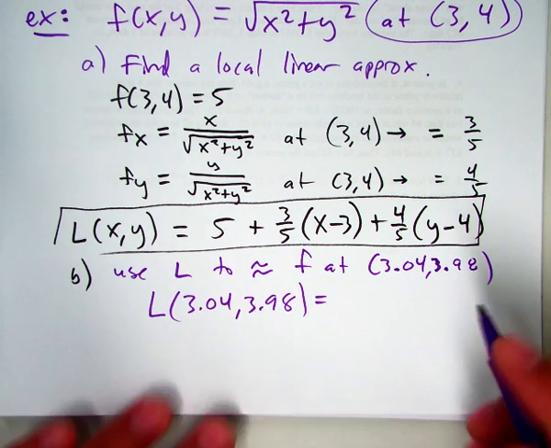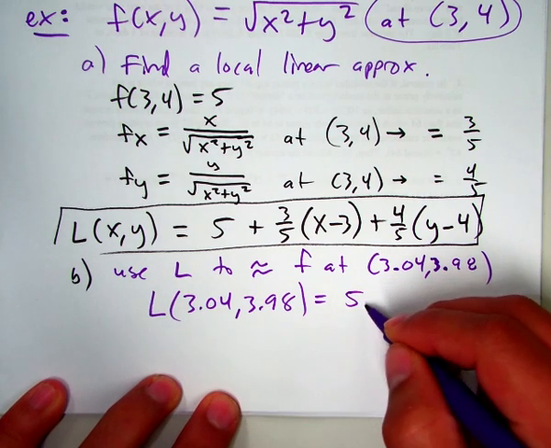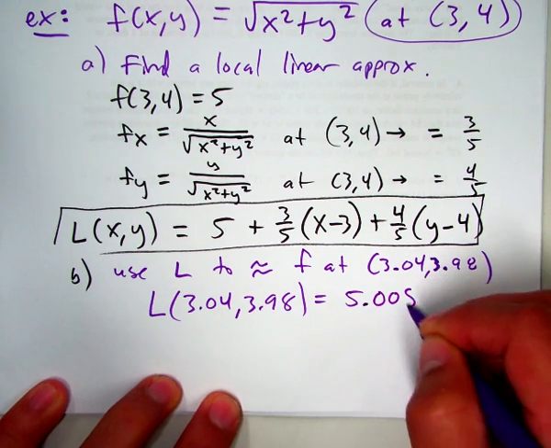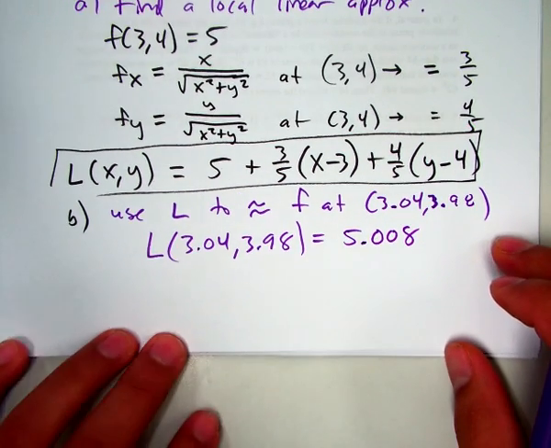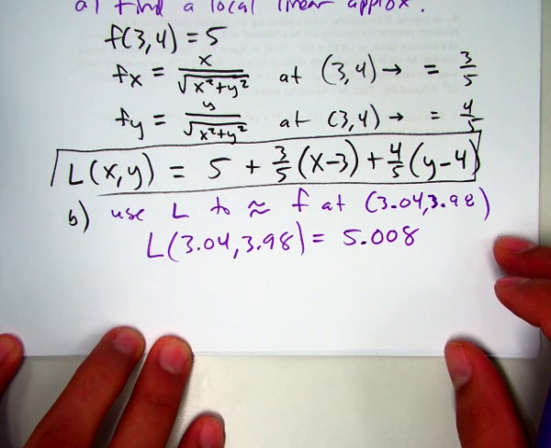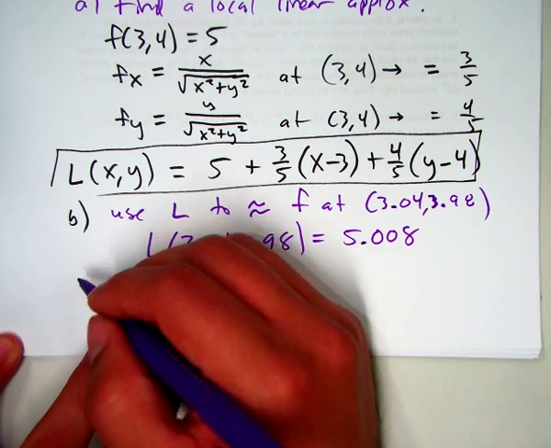What are we getting? 5.008. Everybody on the same page? Okay. So there's our approximate output.